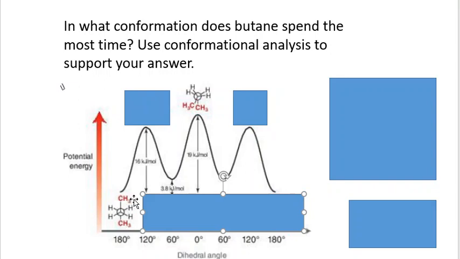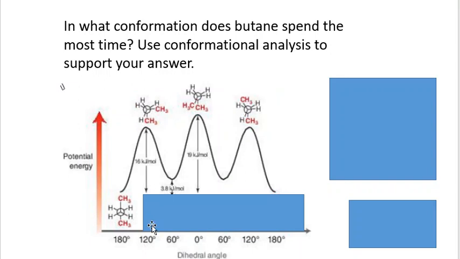But we don't just have staggered and eclipsed. We have the staggered anti, then we have some eclipsed interactions where it's the methyl and hydrogen that are eclipsing each other. Those are the same on either side.